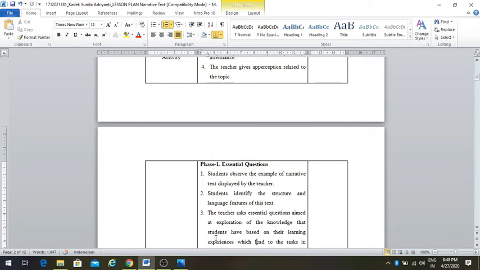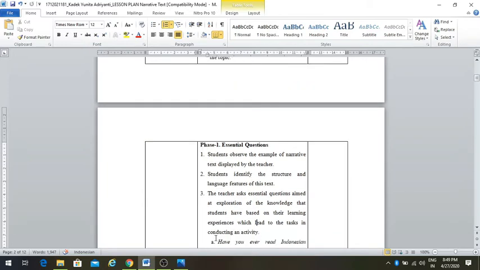Here the students can also ask the teacher about what they don't understand about the story or the text, and the teacher can ask the other students to answer or to give an explanation based on what their friend doesn't understand.